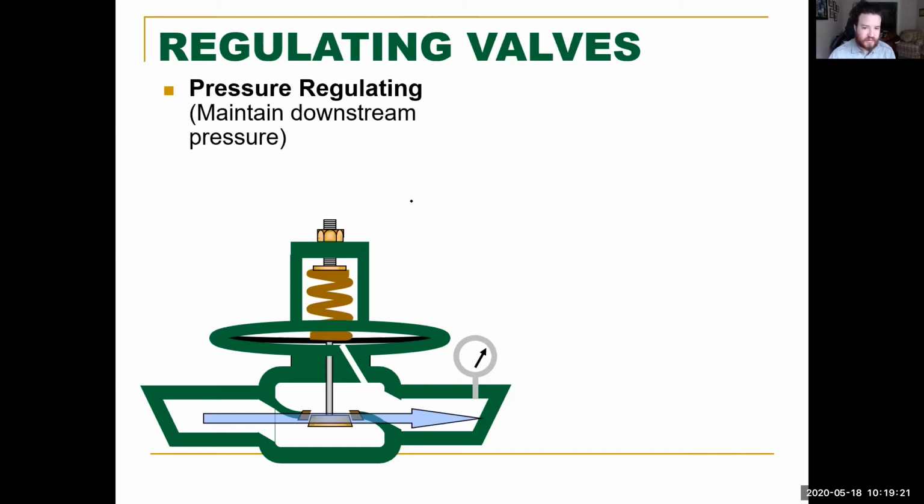And just like we were talking about inlet and outlet, it's all in relation. When you talk about downstream or upstream, it's all in relation to what? The relation is to the valve itself. So downstream is in the direction it's flowing.